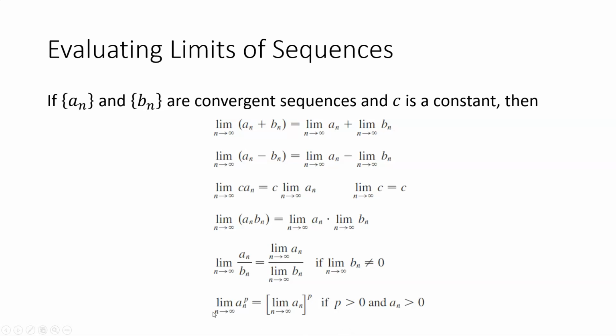So the limit of the powers is equal to the power of the limits. Notice here that it requires the terms of the sequence to be positive and also the power to be positive to ensure that these powers are well defined.